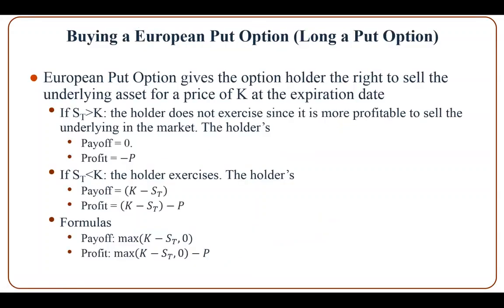A European put option gives the option holder the right to sell the underlying asset for a price of K at the expiration date.